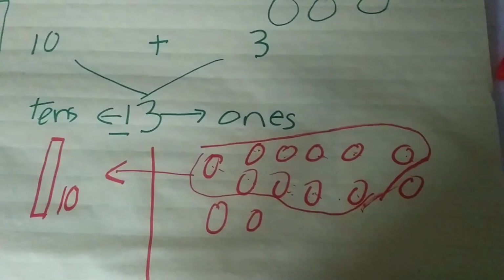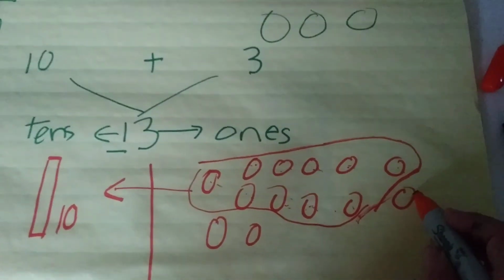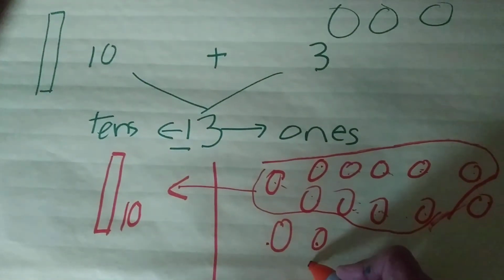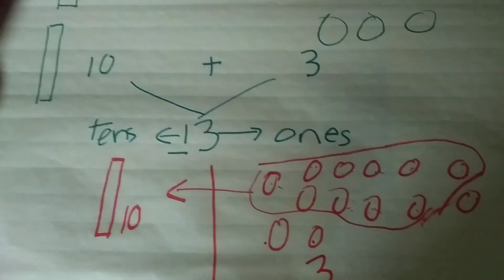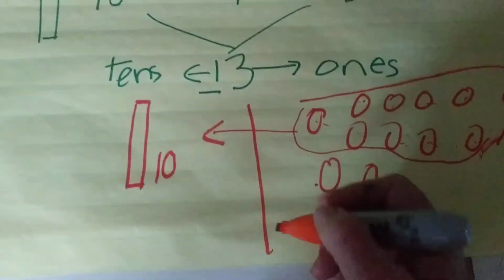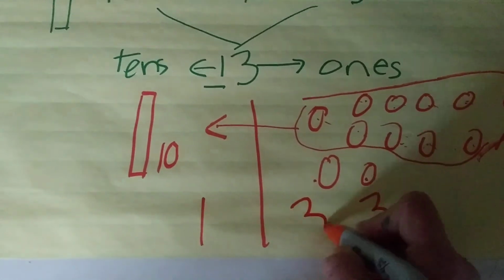But something happened over here. I have some left over. How many are left over? 1, 2, 3. I have 3 left over. So now it's telling me I have one set of 10 and I have 3 left over.